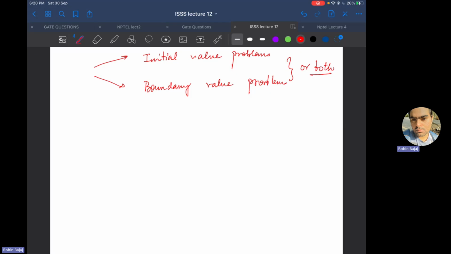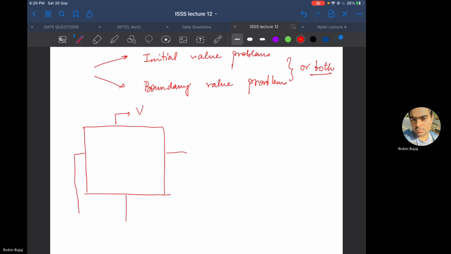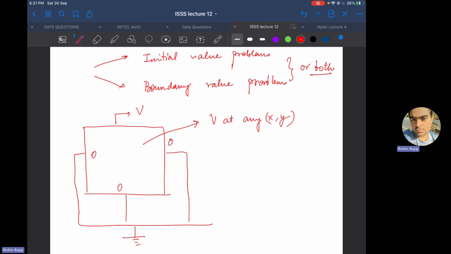For example, if you have a box or a sheet where a particular side is at potential V and all others are grounded, so 0, 0, 0, but this one is at V, and you want to find the potential at any point, you would have to solve the Laplace equation with the boundary conditions.